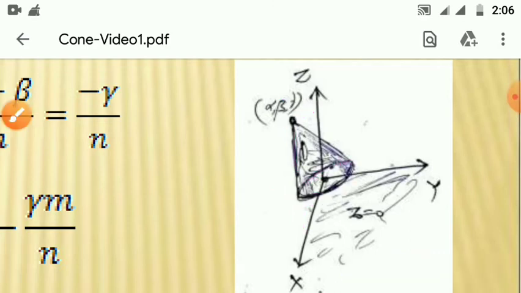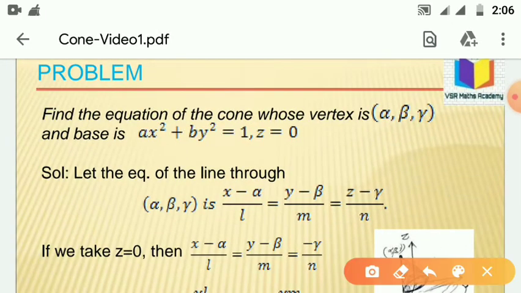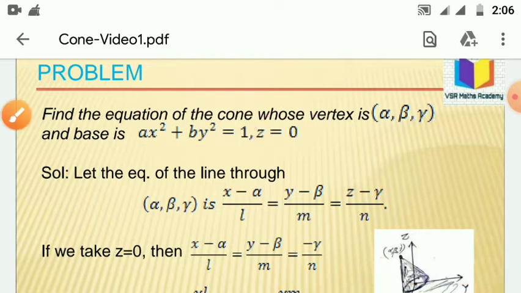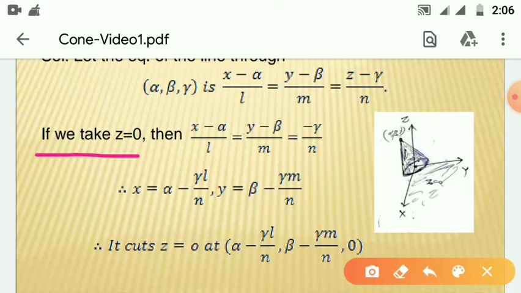For that we apply this rule. Since this is the equation of the base curve, we take z is equal to 0 first. Therefore if we take z is equal to 0, then this will become (x minus alpha) by l is equal to (y minus beta) by m is equal to minus gamma by n.